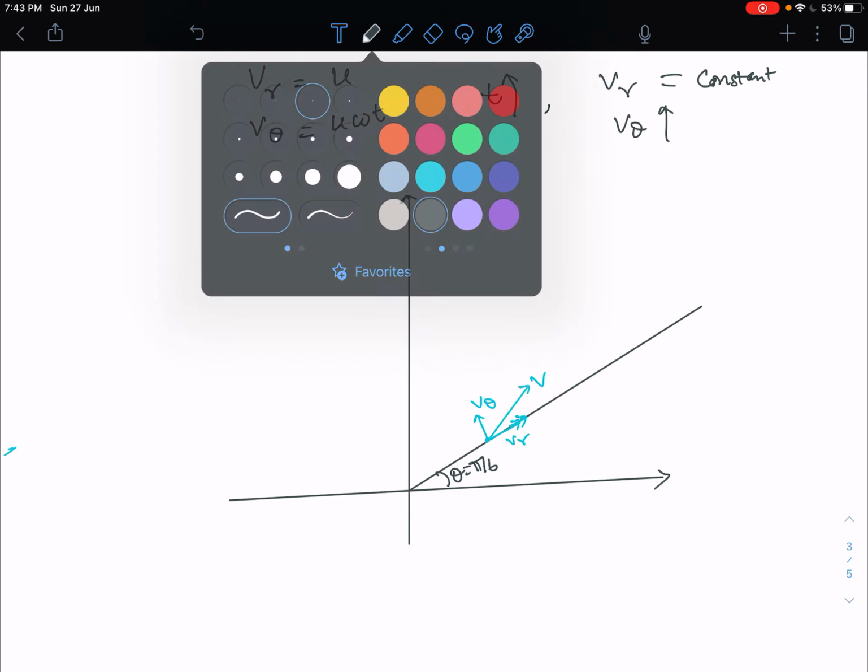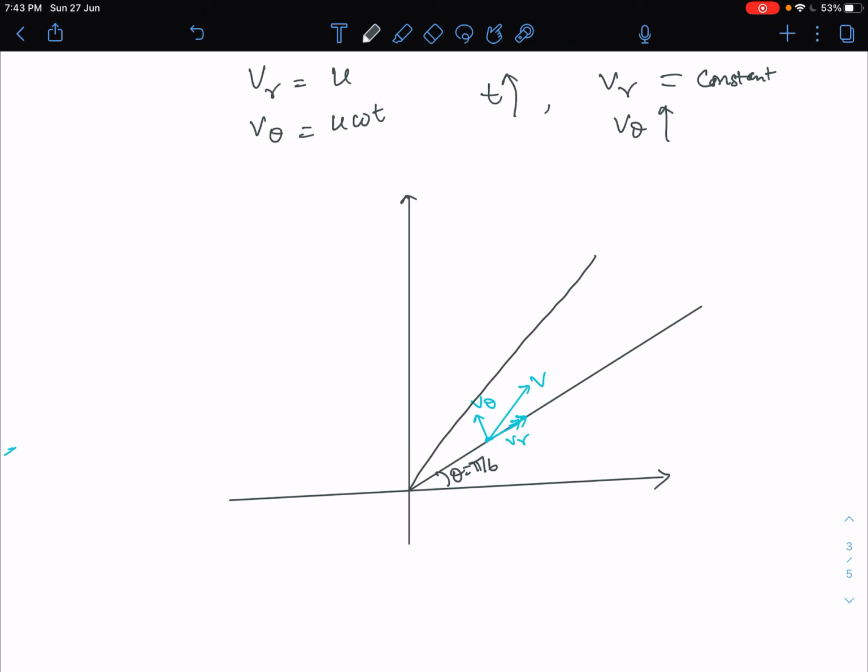Let's say at some theta they both become equal, and the angle is pi by 3. As t increases, since r is ut, r will also increase. So the particle will be at a slightly larger position, let's say here.